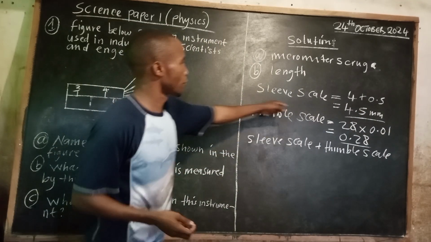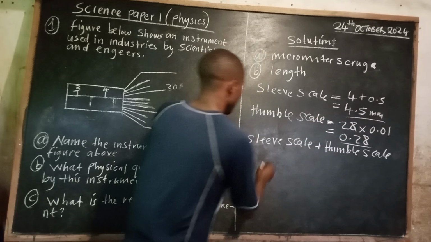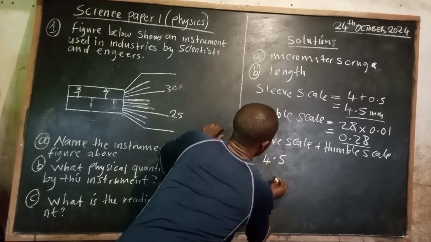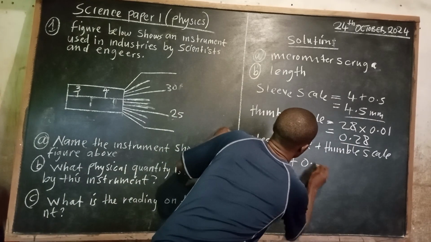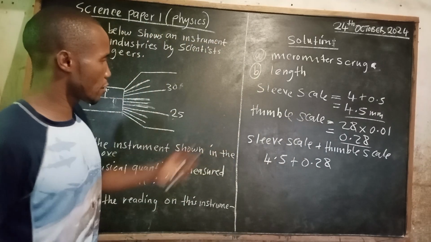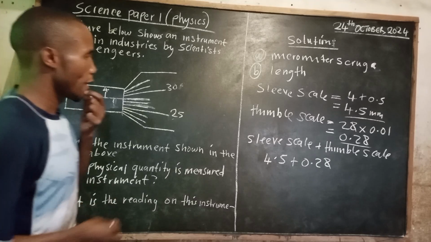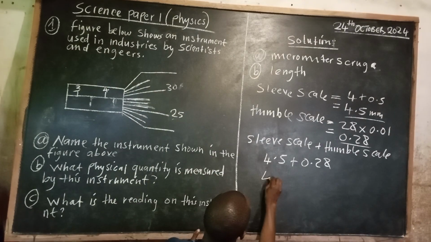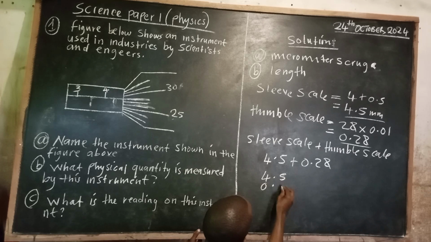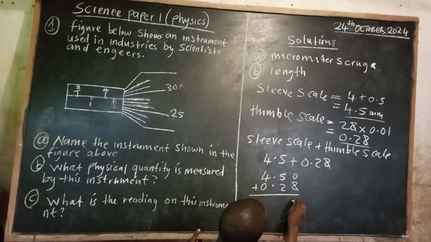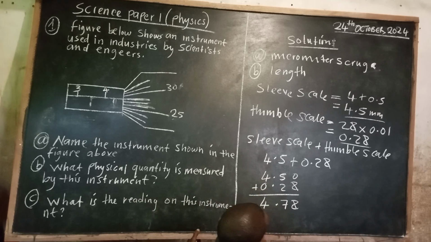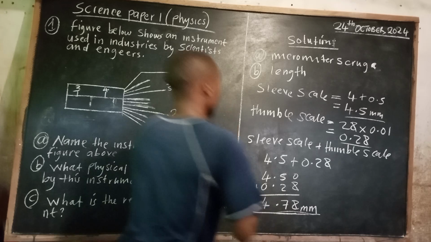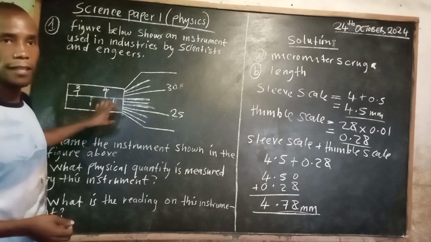The sleeve scale is 4.5 millimeters, so we say 4.5, plus the thimble scale, which is 0.28. Let's add this and see the answer. 4.5 plus 0.28: we put a 0 there, here we have 8, then 5 plus 2 is 7, then 4 plus 0 is 4. So the answer is 4.78 millimeters.